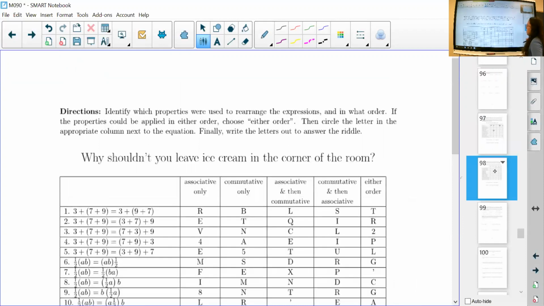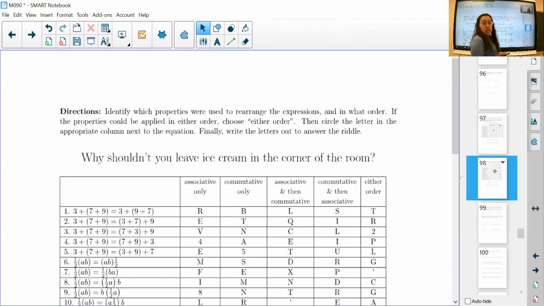Page 98 is similar. We've got another riddle here. But now, sometimes you are applying two different things. So the first one, 3 plus 7 plus 9, 3 plus 9 plus 7. Well, I heard order change, so it's not just associative. So I can cross off associative only.